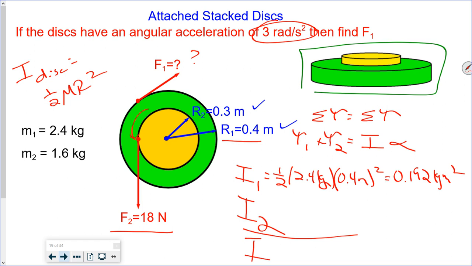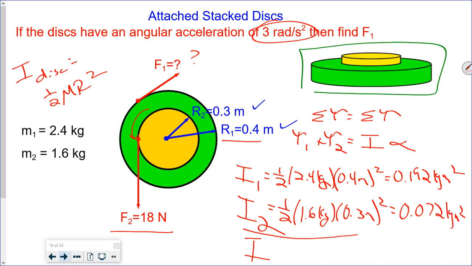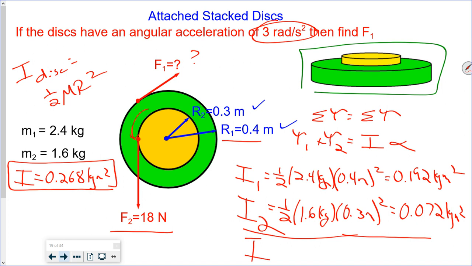So that's how much rotational inertia the bigger disk has. And then the smaller disk has a rotational inertia of 0.072 kilogram meters squared. When we add these up, our combined rotational inertia is 0.268 kilogram meters squared. So that's the rotational inertia of my stacked disk system.